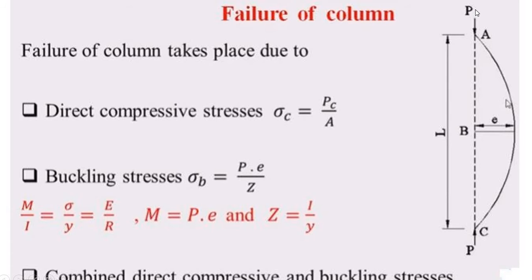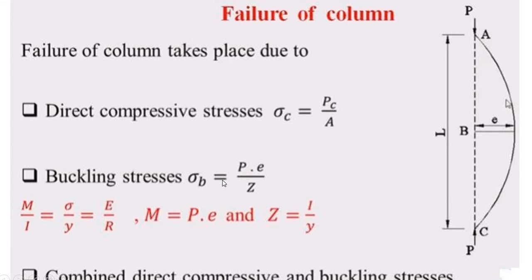Due to the force applied, you can see on both ends of the column force P is acting, and after the force is applied, the column may bend like this. B was the initial midpoint of the column, and after the load is applied, it is deflected to this much distance, and that distance is represented as small e, and here capital L is the span of the column.